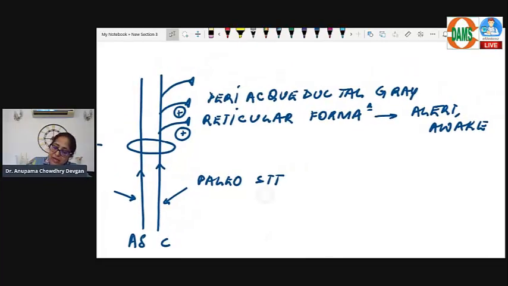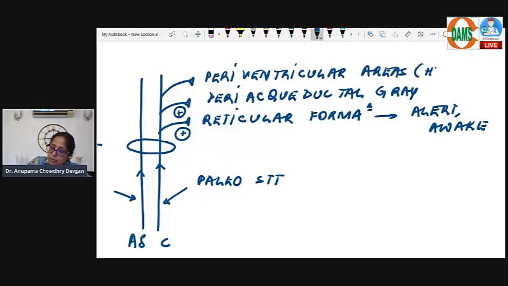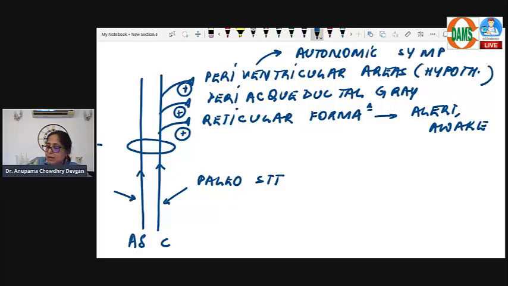They also give collaterals to the periventricular areas of hypothalamus, and these periventricular areas of hypothalamus are responsible for autonomic symptoms, right?